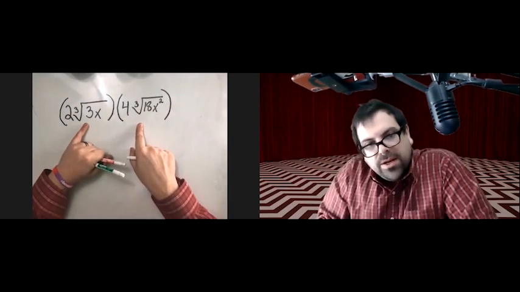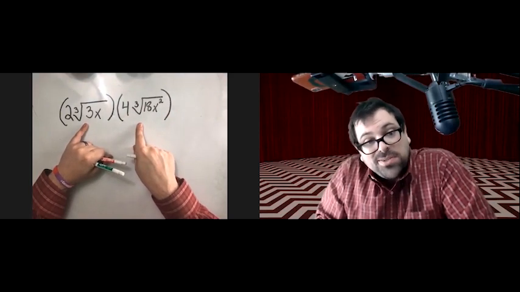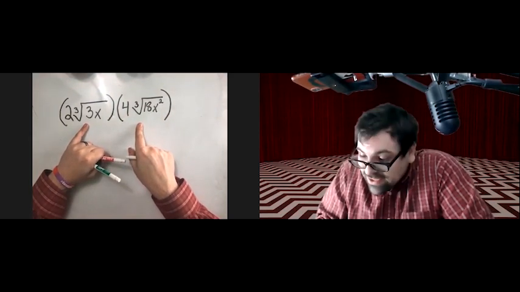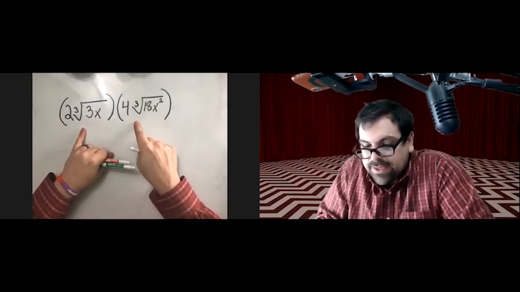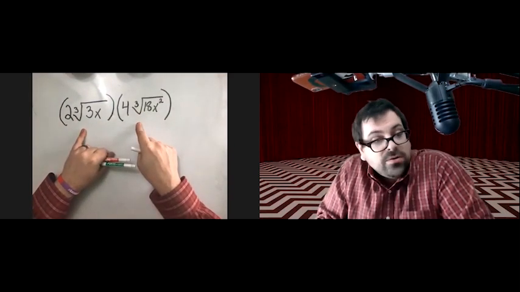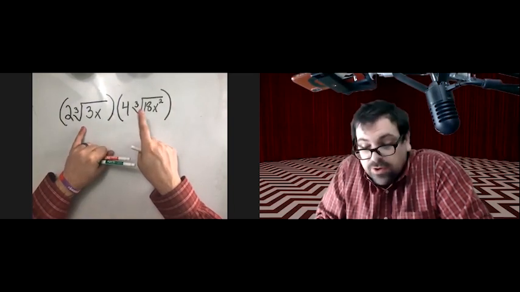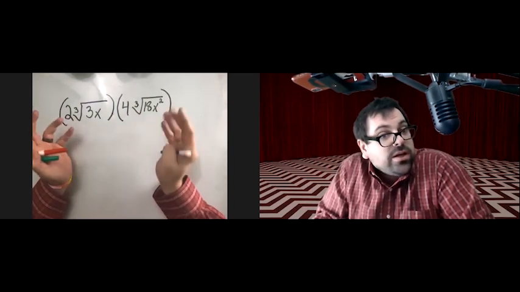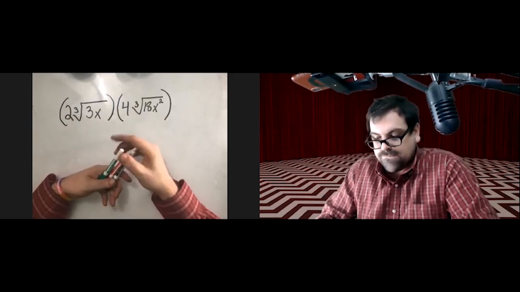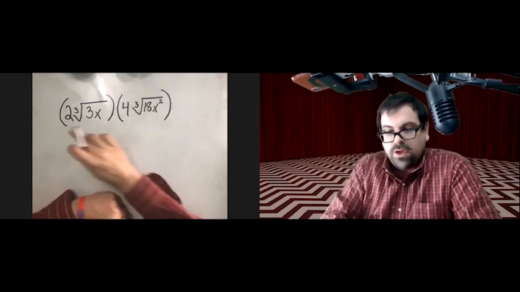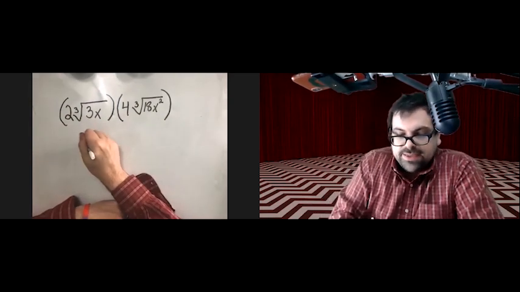Now, these are not like radicals. I apologize for using that term for these previously. What did I say these are called? These are radicals of the same index. They're both cube roots, but that means we can use our property because they're both cube roots. Two times 4 is 8.